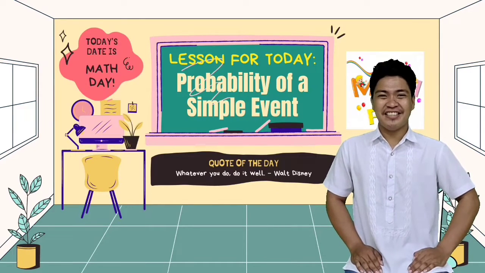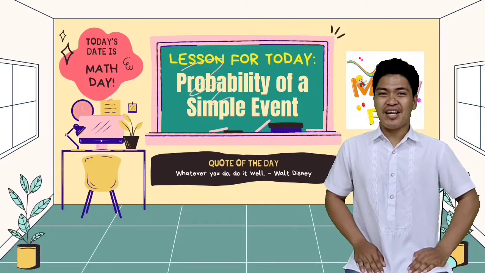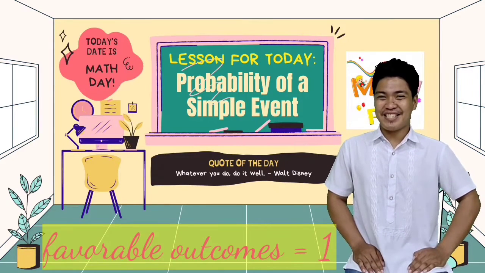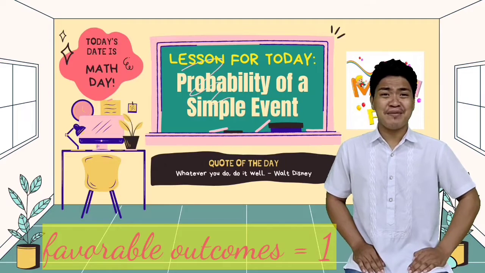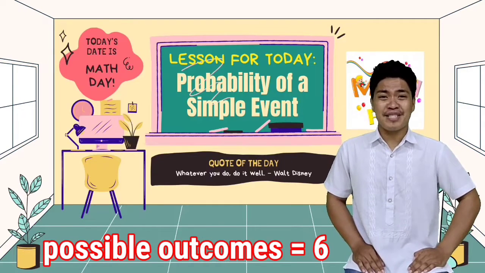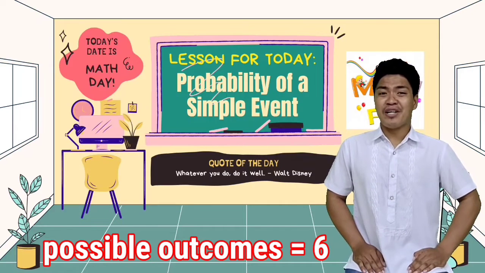It's 1. Why? Because we only have one side of the die which is numbered with 4. 1 is the number of favorable outcomes. How about the number of possible outcomes? Exactly! We have 6 possible outcomes because the die has 6 sides numbered from 1 to 6.